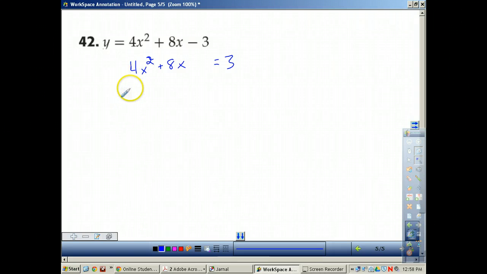Next, whatever number's in front of the x squared term, the a value, take that out. What goes inside here? 4 times what is 8x? 2x. Okay.